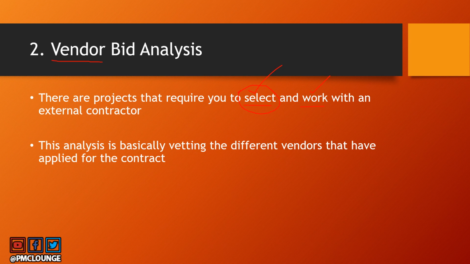So you will invite bids from the vendors and those vendors are going to provide bids. You're going to perform analysis of those bids, and once you're done with the vetting of the different bids, you can assign the contract to an external contractor and that contractor becomes your vendor. So that is how vendor bid analysis works.